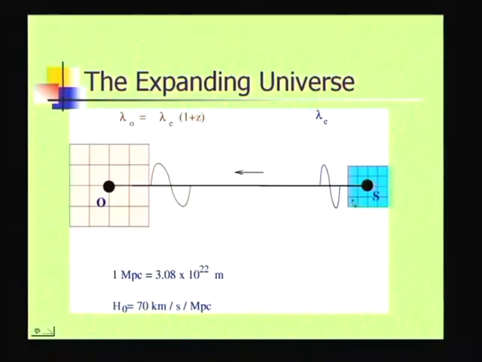I have told you that we will visualize a galaxy sitting at every grid point, and the galaxies are all moving away from one another. So, if we have a coordinate system which is fixed to these galaxies, at a later time the coordinate system looks like this. It is fixed to the galaxies.